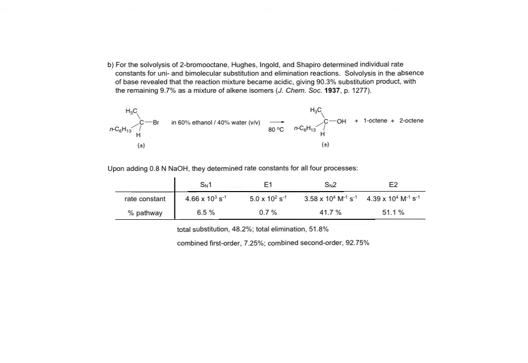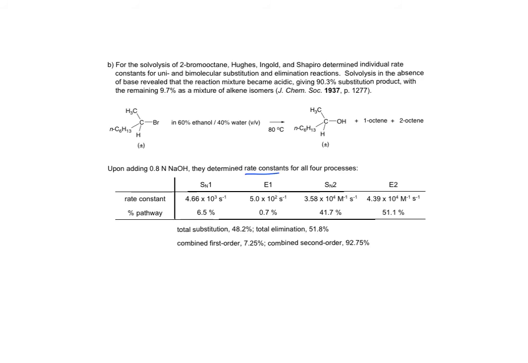In another paper in a series from this laboratory, for the secondary alkyl bromide, specifically 2-bromooctane, these workers determined the rate constants for unimolecular substitution and elimination in the first equation, and then upon adding aqueous sodium hydroxide, they determined rate constants for bimolecular substitution and elimination reactions, and obtained these rate constants as the evidence.